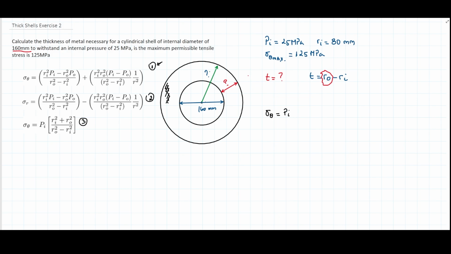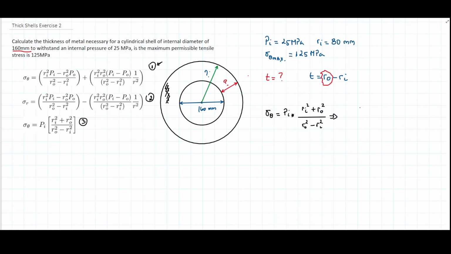That's why it resolves to this part here. So this equals this, multiplied by these two terms, divided by the difference of the squares of the terms. This is a pretty simple problem: the only thing to do is to substitute all the known data and then solve for the unknown, using just this formula. So let's do it.